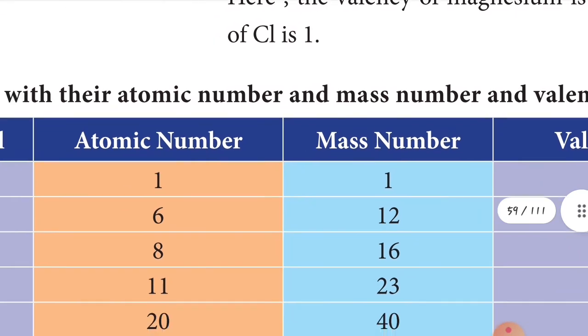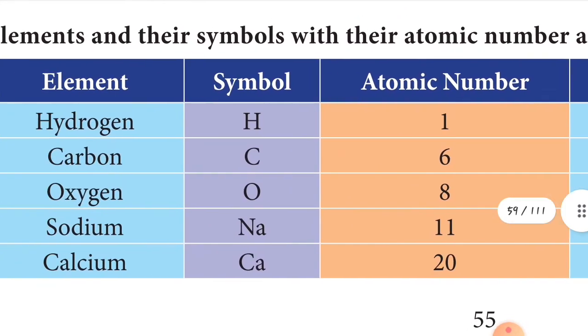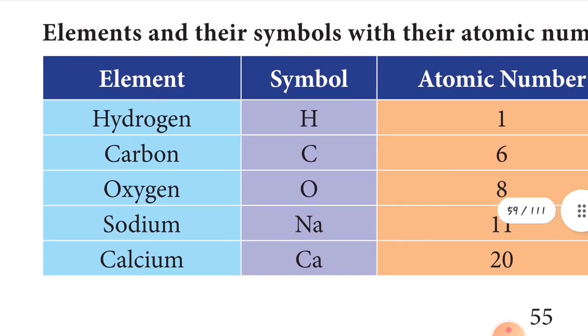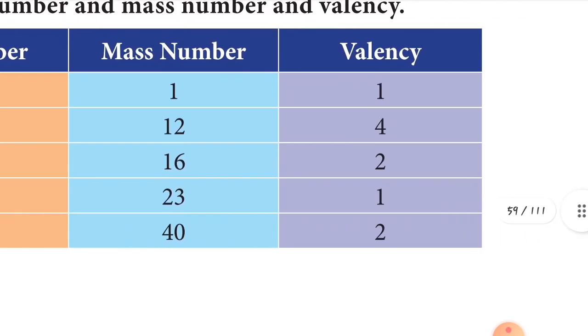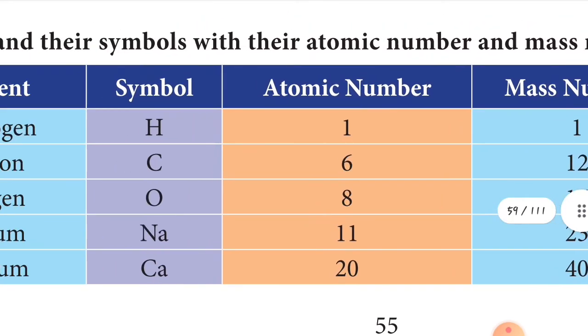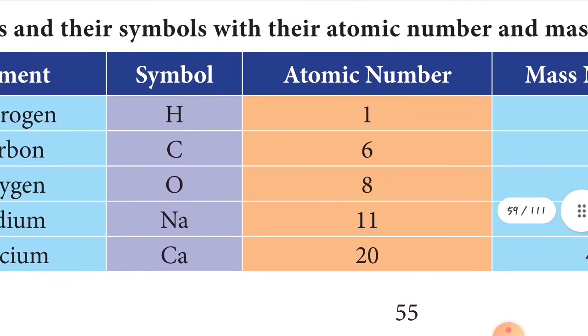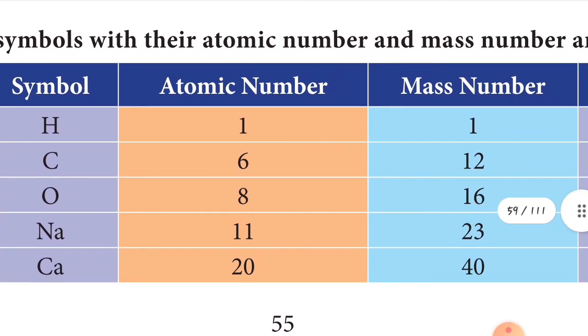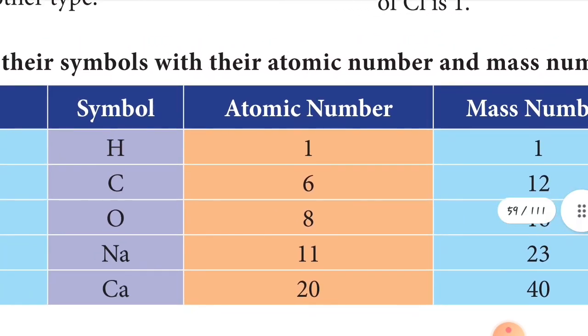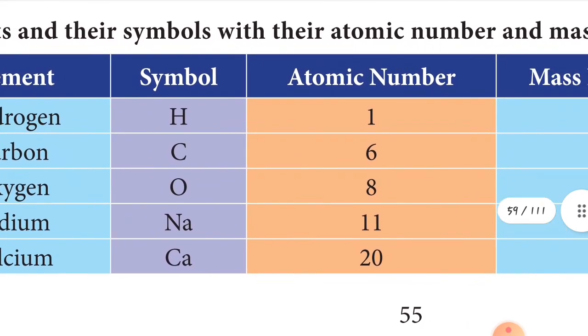And see this tabulation, children. Elements, symbols, atomic number, mass number, plus valency. Already you know the element names: hydrogen, carbon, oxygen, sodium, calcium. You know the symbols also. Atomic number and mass number you have already learned in the periodic table, children. So you write the valency, which means the neighbor atoms.